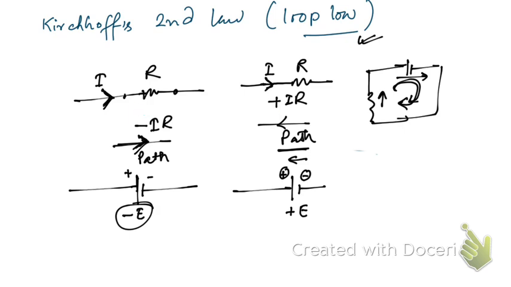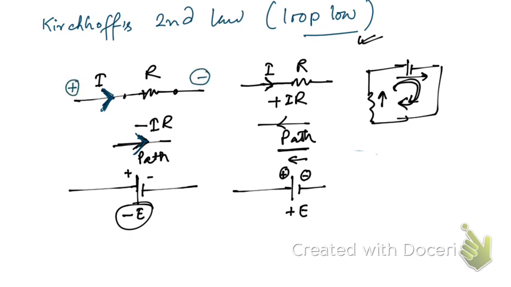If you take the IR as negative when the direction of the path and current are the same, note that current flows from positive to negative.